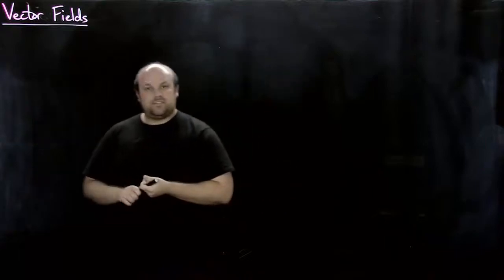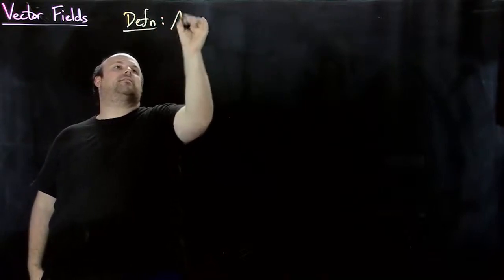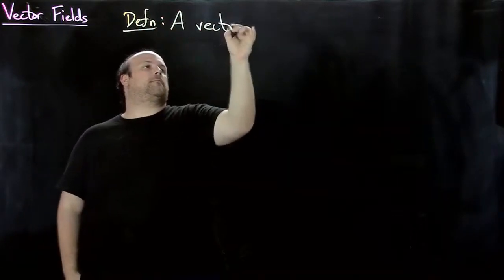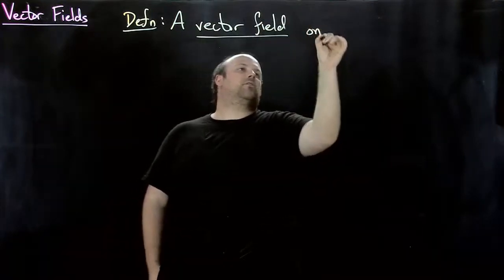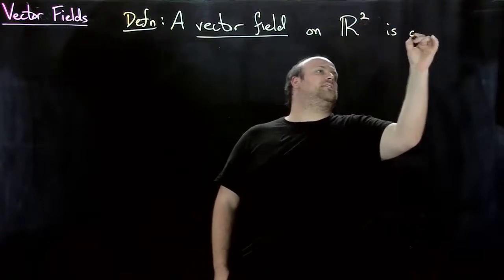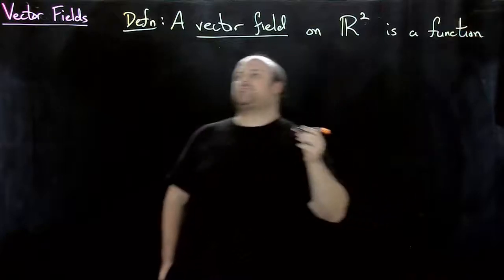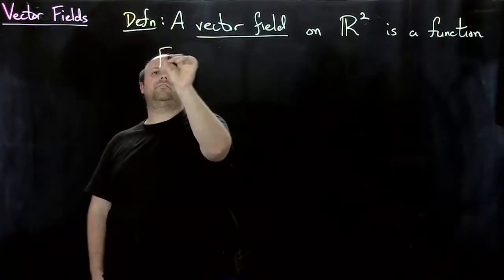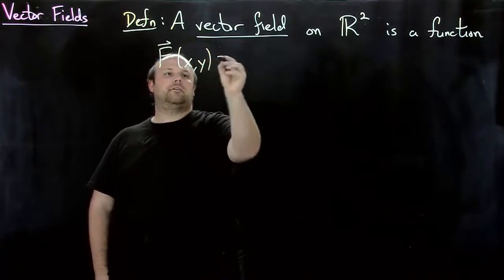So let's start by defining what a vector field is. Definition: a vector field, let's start with R2, is a function like this, F of x, y, with an arrow.